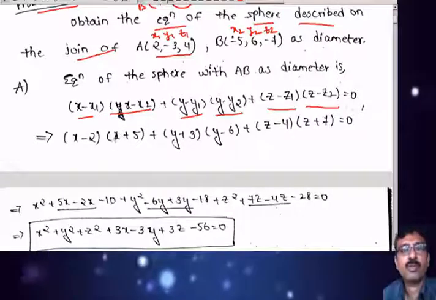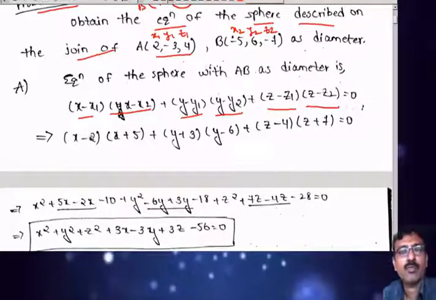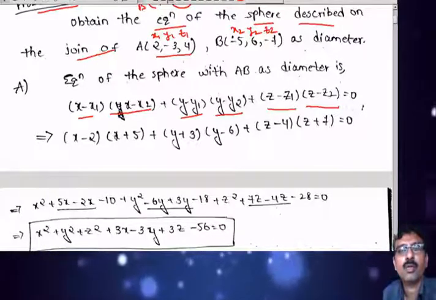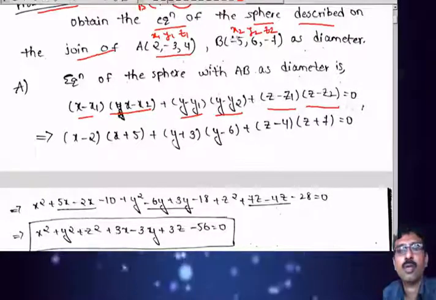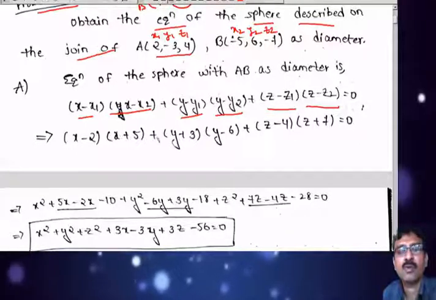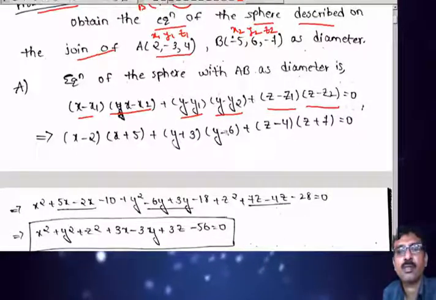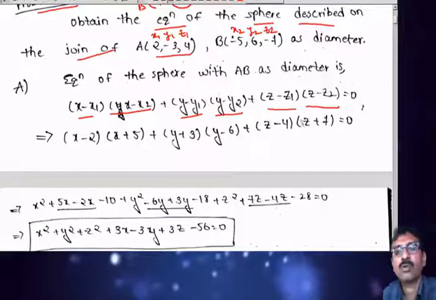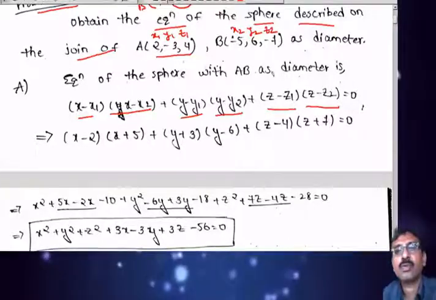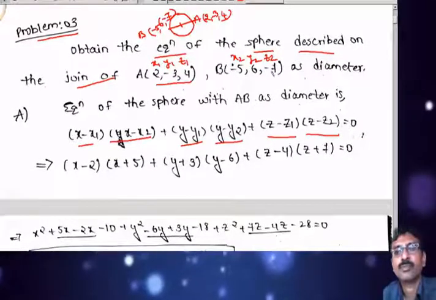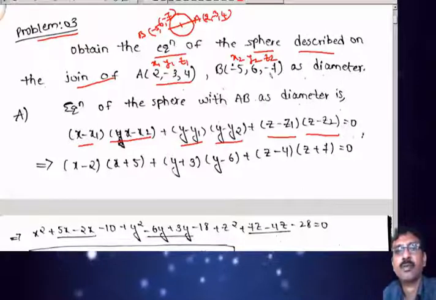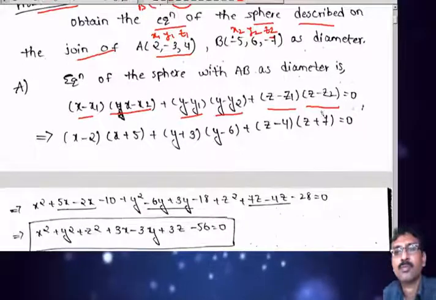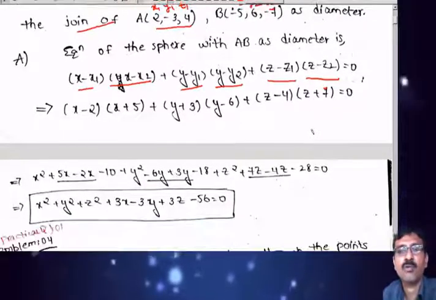Substituting these values, we get x minus, so x1 is 2 and x2 is minus 5, so x plus 5, y plus 3 into y minus 6, z minus z1, z1 is 4, z minus z2, z2 is minus 7, so minus z is plus 7 equal to 0.